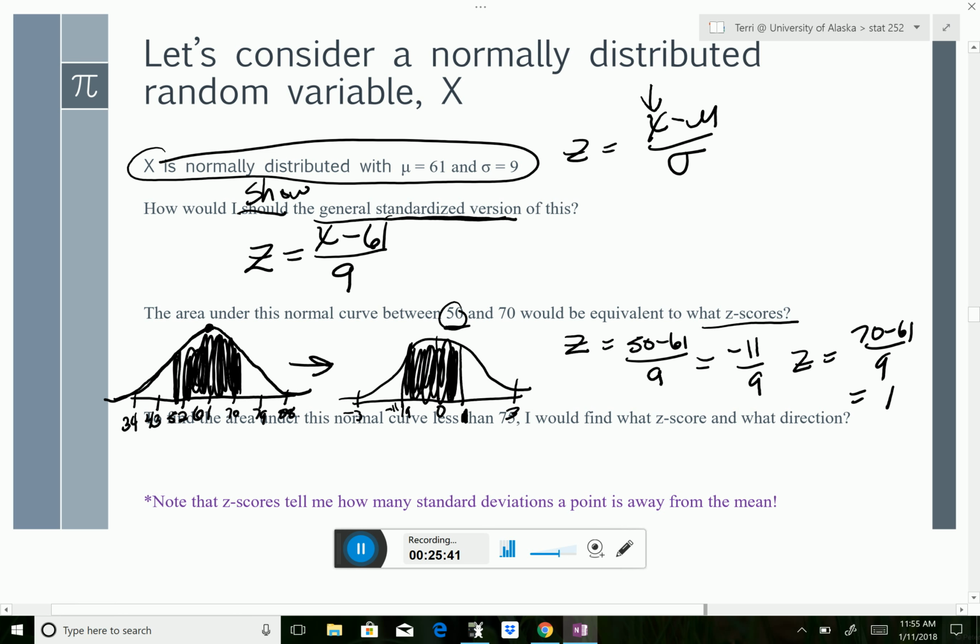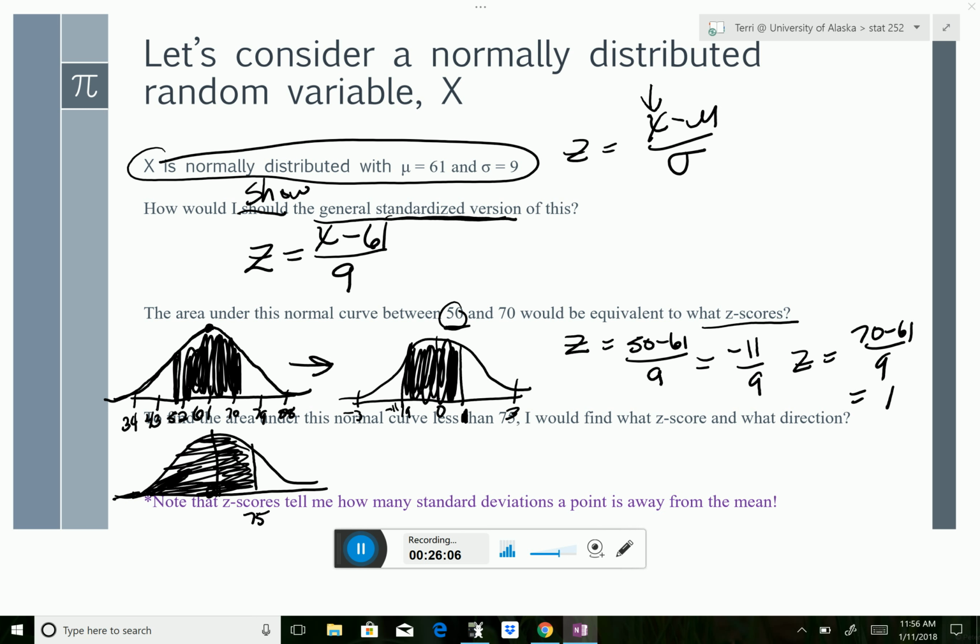So if I want to find the area under this normal curve less than 75, what z-score and in what direction? So again, here's our 61. Our 75 is about right in here somewhere. And I want to know what's the area under this curve for x less than 75. So I want this area right here.